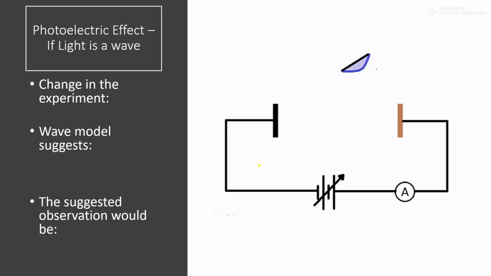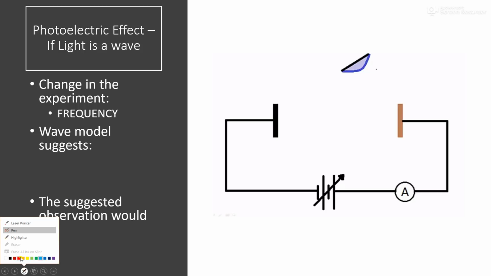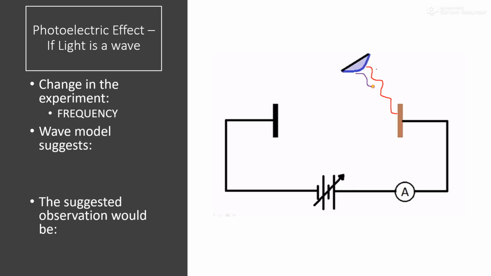The second expected observation, if light is a wave, comes from manipulating its frequency. At the beginning, I use red light, which is light of a low frequency, and I can increase its frequency to that of, say, violet light. Now, if light is a wave, then by manipulating frequency I'm not actually changing its energy.